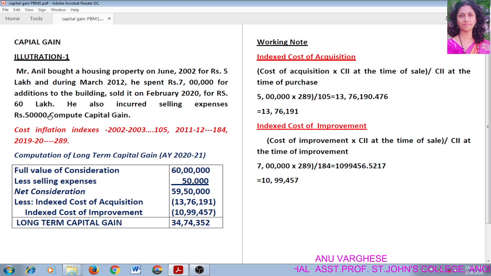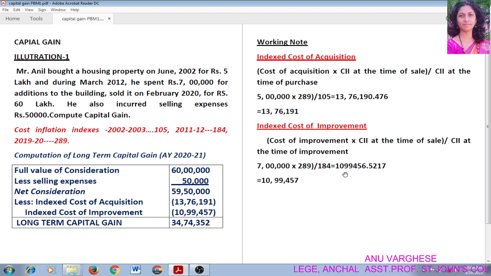So cost of improvement is 7 lakh, into 289, divided by the cost inflation index at the time of improvement, that is 2011-12, which is 184.